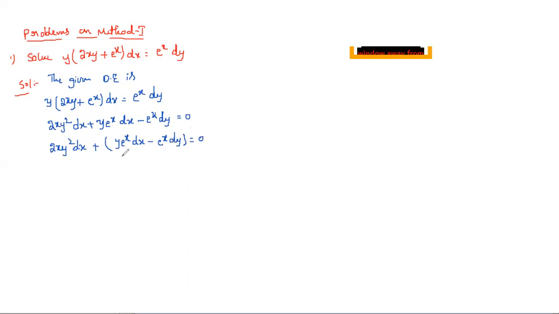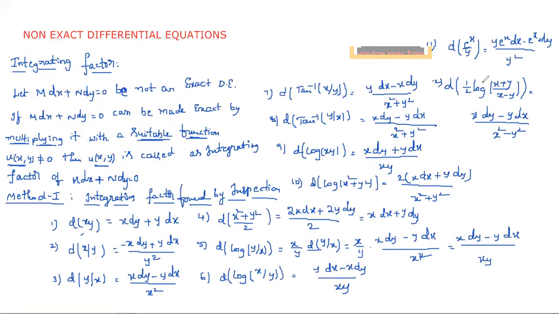Okay, so is this in the form of directly any formula? Y e power x dx minus e power x dy. See here, the 11th formula: (y e power x dx minus e power x dy) by y square. So here what I require is y square in the denominator.